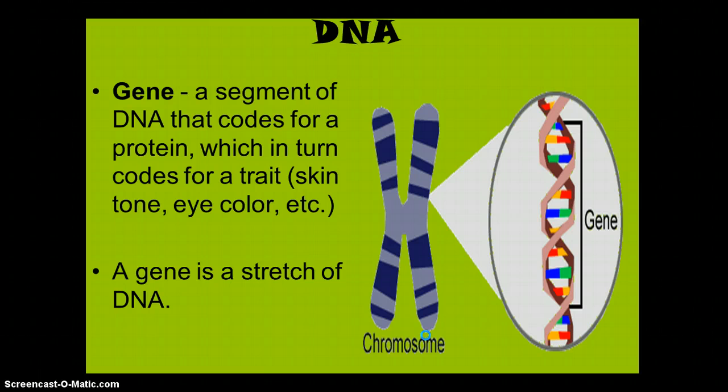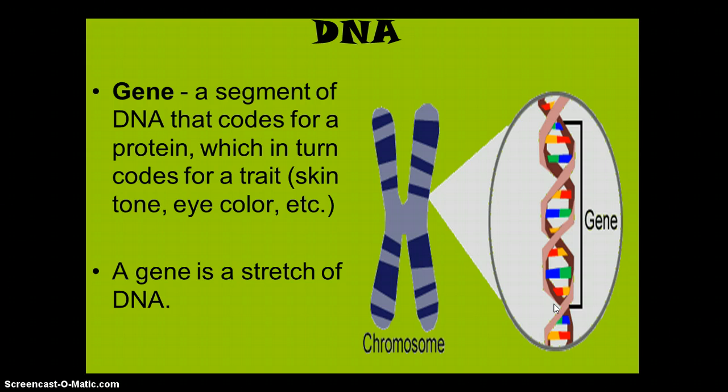Okay, DNA is a gene. A gene is a segment of DNA that codes for a protein, which in turn codes for a trait like skin tone or eye color. And we'll learn later on that for skin tone and eye color, we actually have many different genes controlling that. But just to talk about it, a segment of the DNA is a gene, and that gene is actually what helps us build proteins, okay?